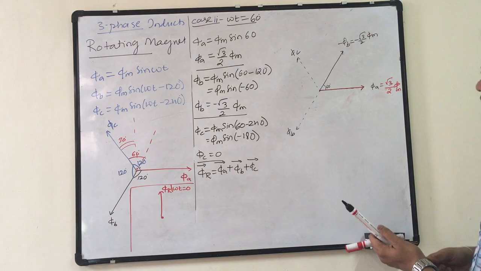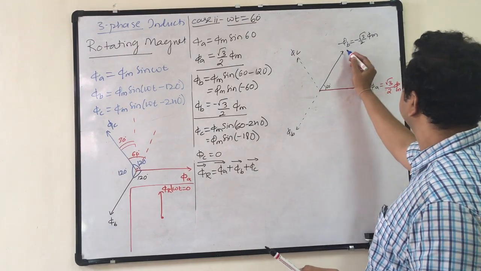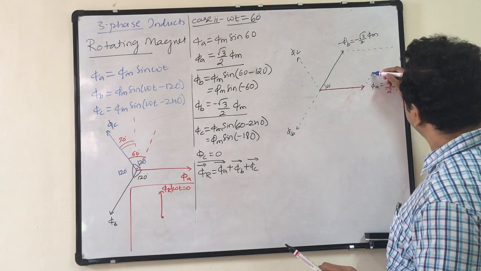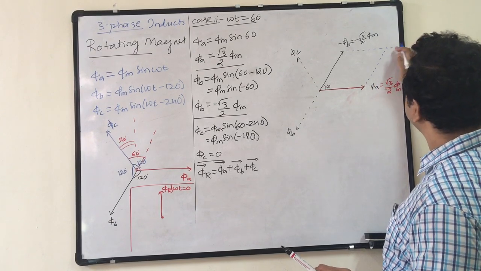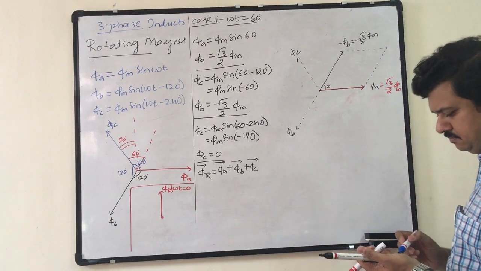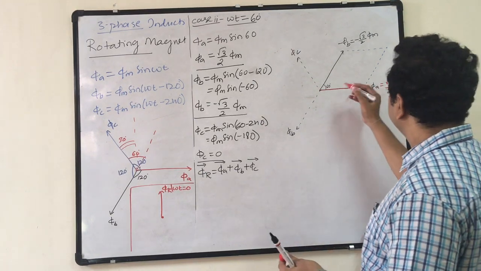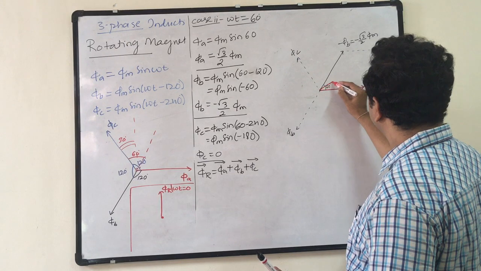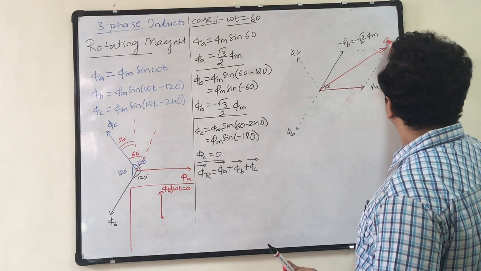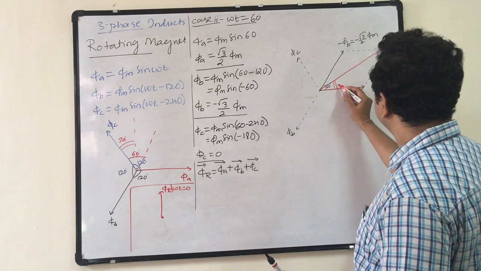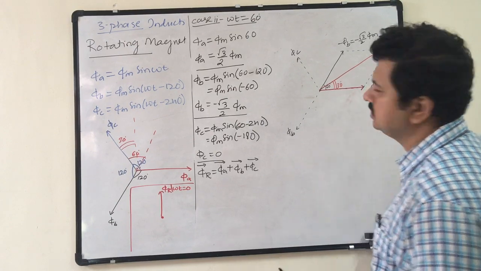The resultant vector will be the longest diagonal of the parallelogram constructed. I will draw the resultant vector with red ink. This is phi r and this angle is now 30 degrees.